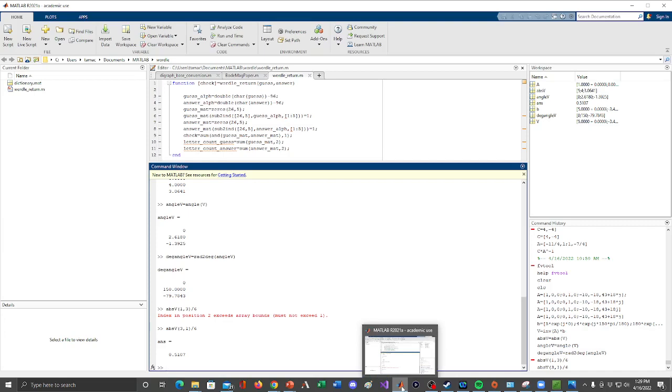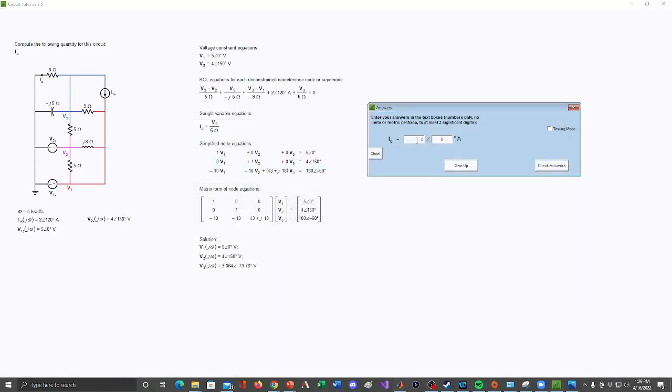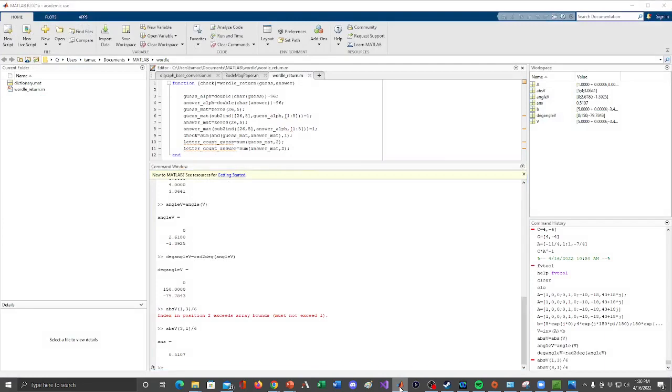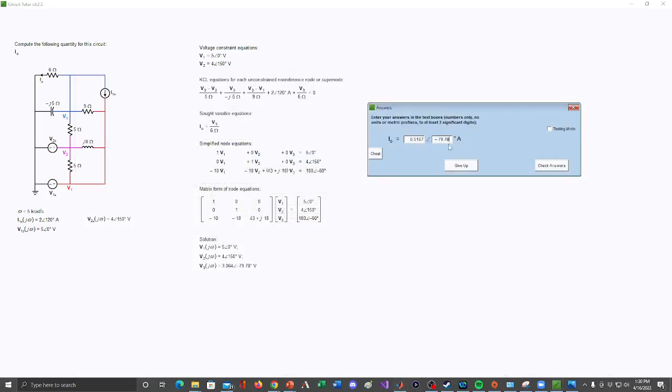So it's 0.5107 at the same angle, minus 79.78. I want it to full accuracy because I feel like it. So the angle is 7843. Check.